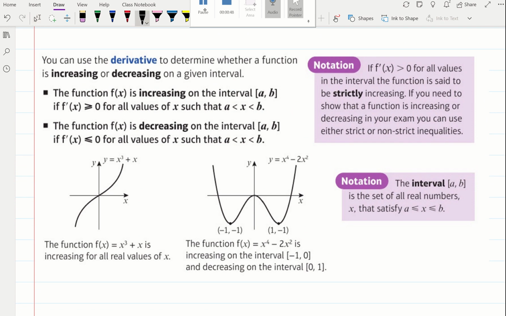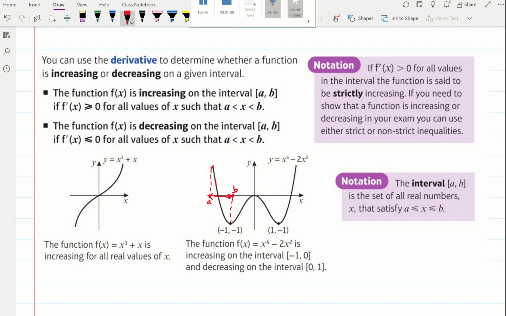So a function f of x is increasing on the interval a, b, so between 2 points on the graph. So for example, here, that's a, and up to there, that's b. So that's the interval.